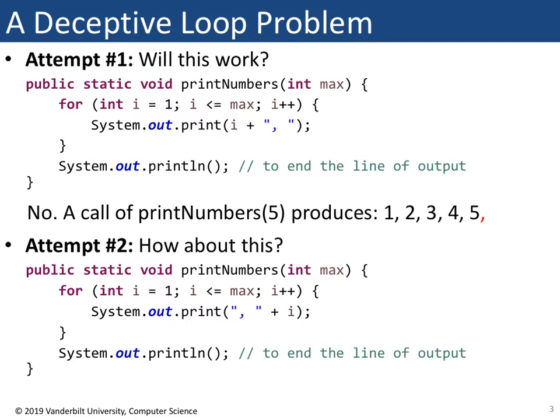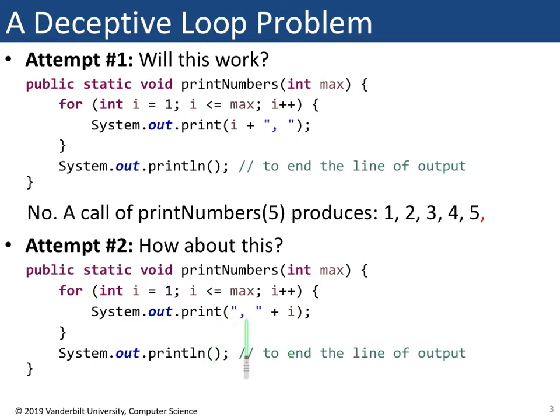What if we printed the comma before we printed the number? That way, at the end, we would have comma 5. Does that work? Well, if we think about just the first loop through, we know that it doesn't, because i is equal to 1, 1 is less than or equal to 5, we begin the loop, we print out comma followed by 1.